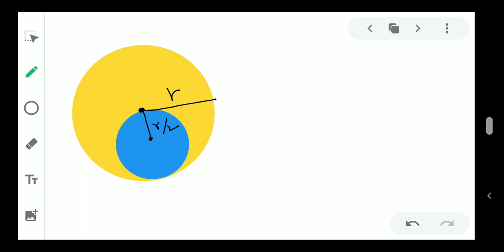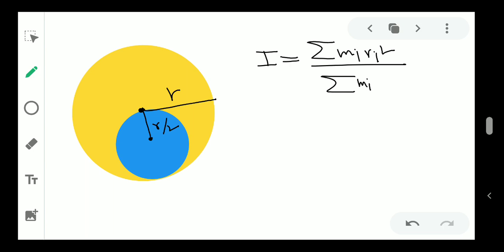Now I have to find out the moment of inertia, which is given by summation of mi ri square. Initially for the center of mass it is only ri, here ri square, and summation of mi. What will be here in this case?